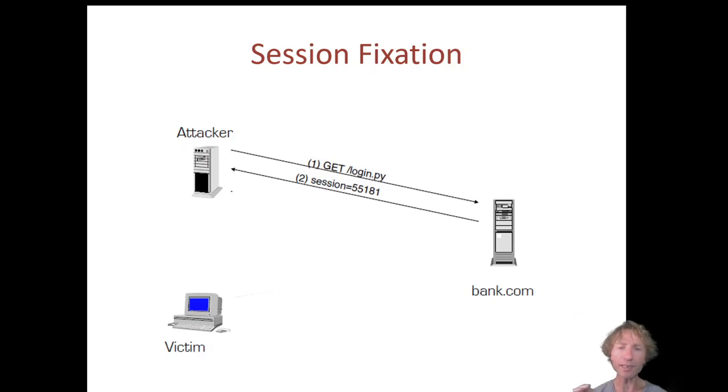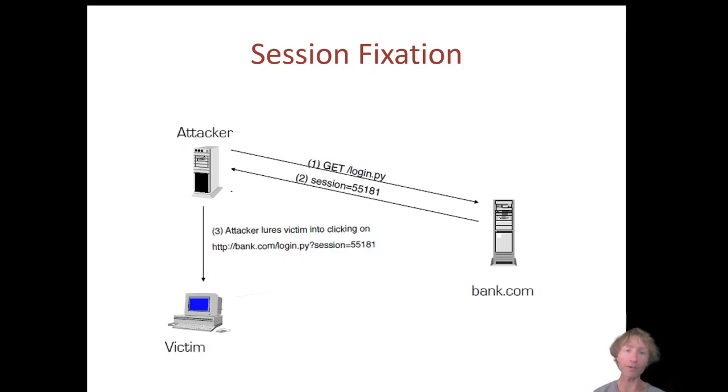Okay, and since this application is vulnerable to session fixation, what the attacker will now do is send this as a link to the victim and says, look, what you really should check out is how the bank handles this new thing. Maybe they're giving out free money. Check what the bankofamerica.com is doing, or whatever your bank might be.